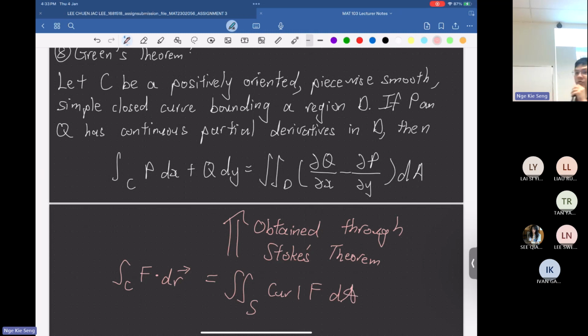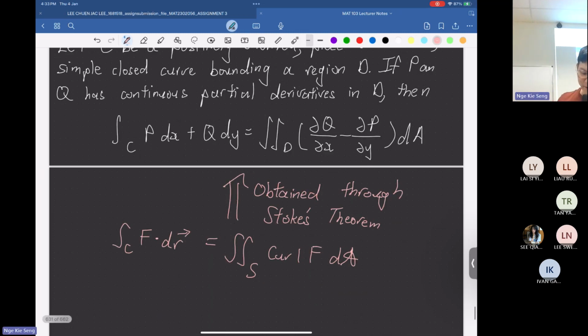So how are these two related? They are related by setting F equal to (P, Q).